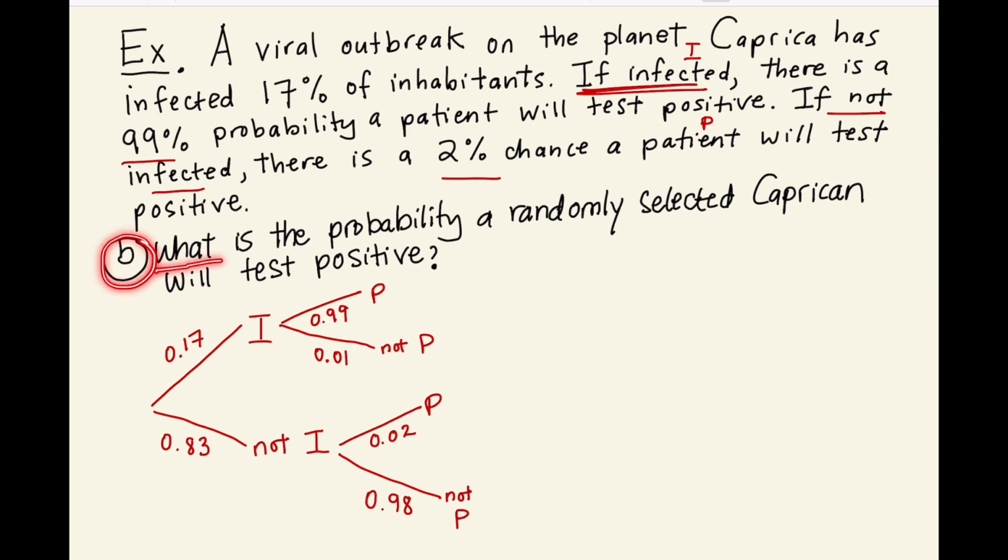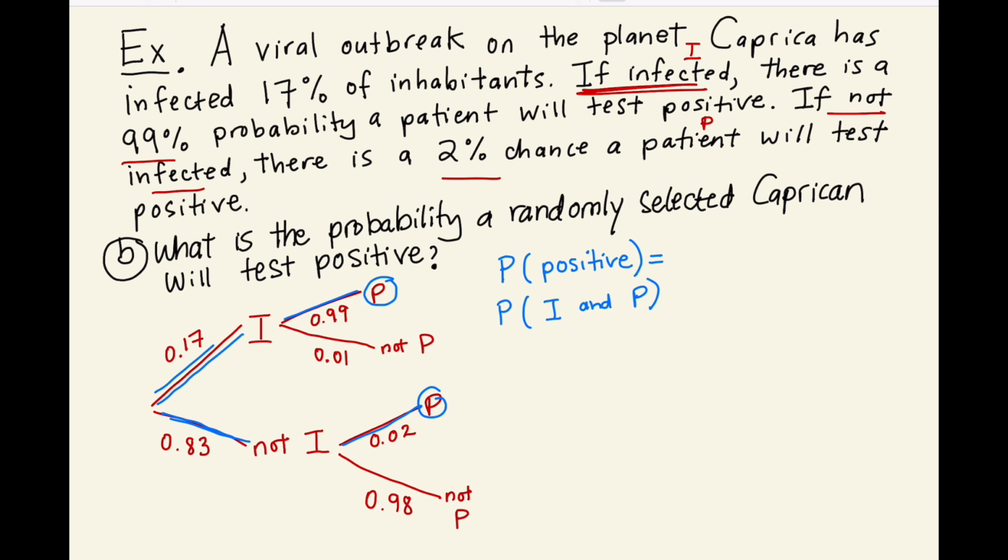So we would also like to take a look at question B. And that is, what is the probability a randomly selected Caprican will test positive? So if we look at the tree diagram, we can see that in this case, the Caprican tests positive, and also over here in this case, the Caprican tests positive. So we will be using the total probability formula. So the probability of a positive test is going to be equal to the probability that an individual is infected and tests positive. So that's this branch right here.